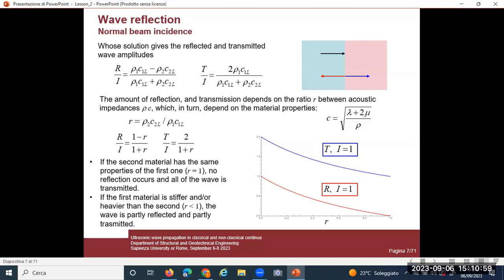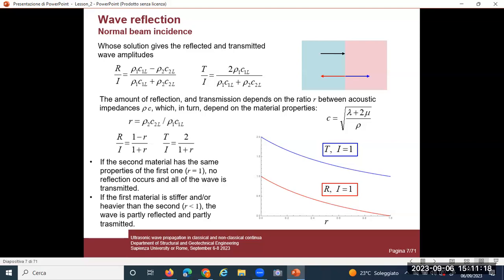the ratio between the transmitted amplitude and the incident amplitude. So you see that from these two equations, the amount of reflection and transmission depend on the ratio between these quantities, which are the product of density and wave propagation velocity.